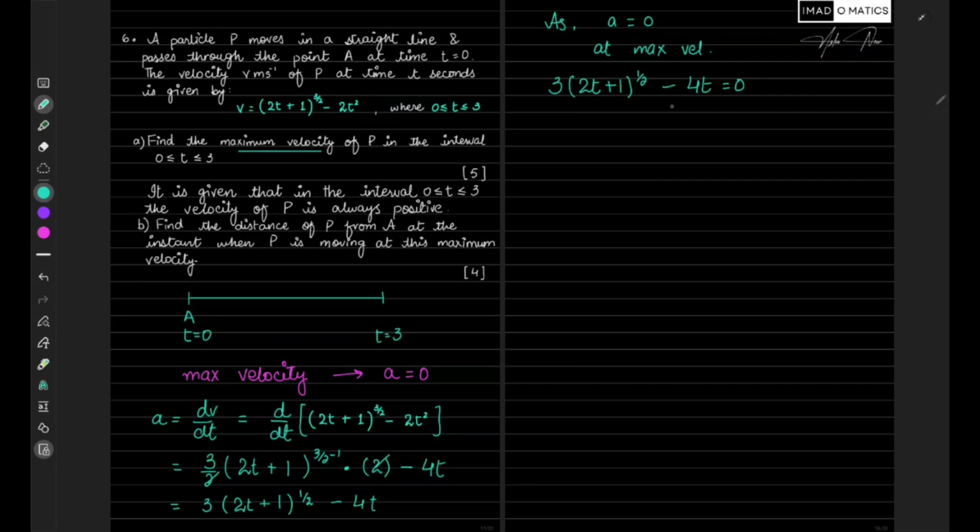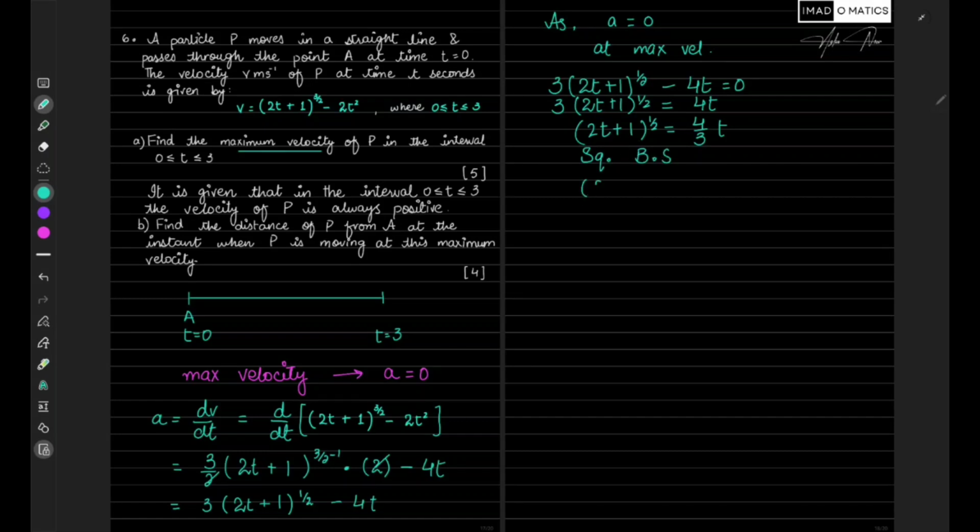Taking the 4t to the other side, we get 3 times the square root of 2t plus 1 equals 4t, which gives the square root of 2t plus 1 equals 4/3 t. To take this out of the square root, we square both sides.